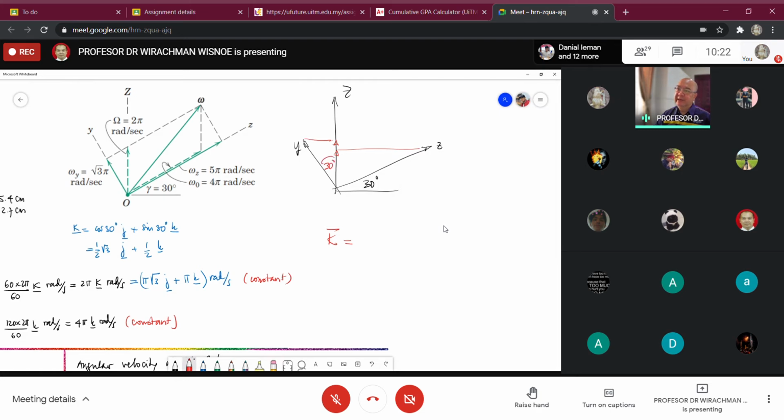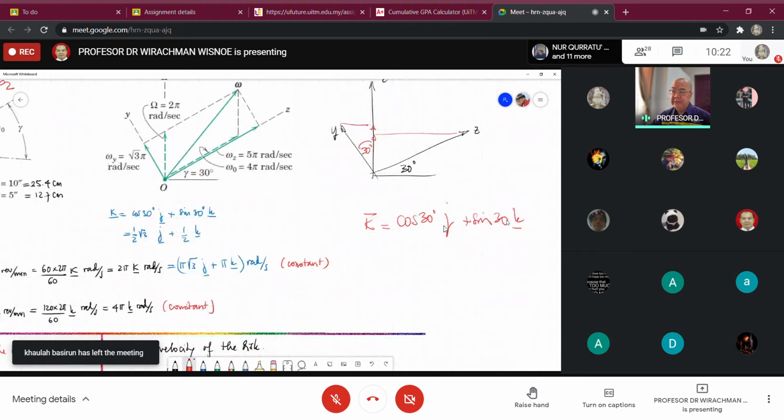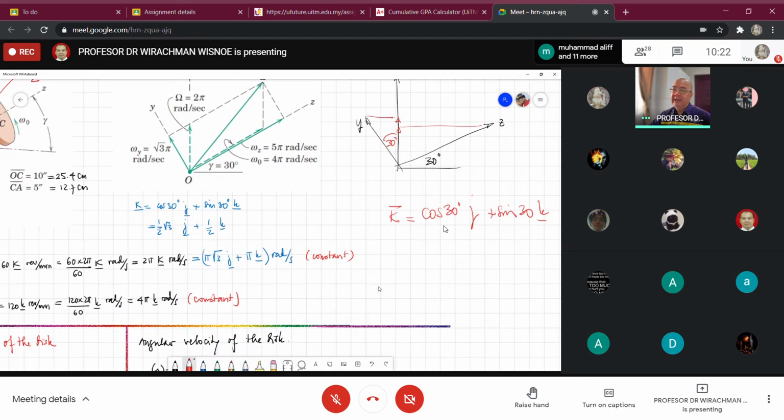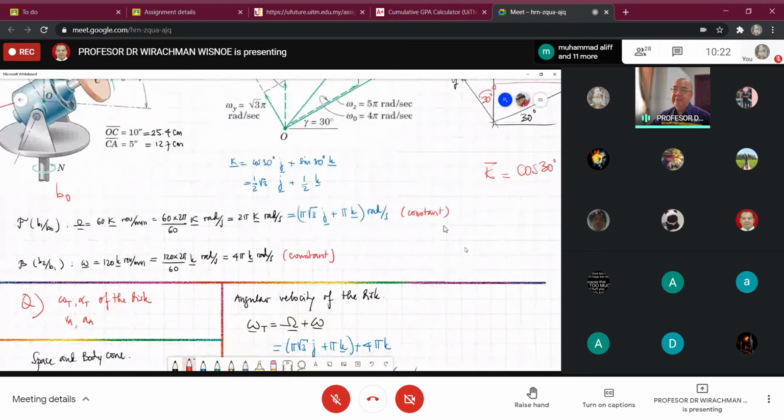So projection of y will be cosine 30 times small j. Projection of z to the capital Z axis will be sine 30. Okay. So that's what we have. So this is the relation of the fixed frame and body frame.